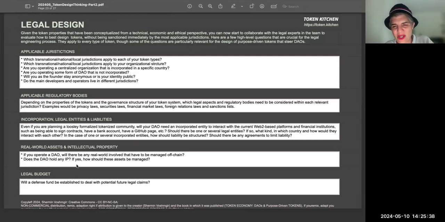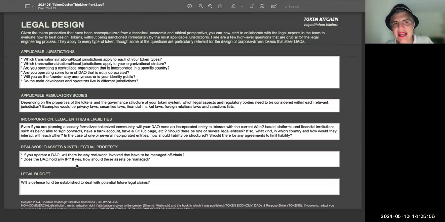Because one thing is the type of organization you're creating. DAOs are not well regulated yet. If you're creating a traditional organization, you don't have any problems. This is a very important and valid question, but you don't have any problems because this is clear, right?